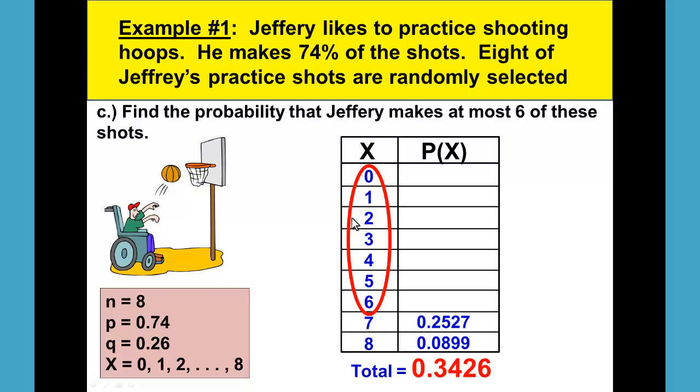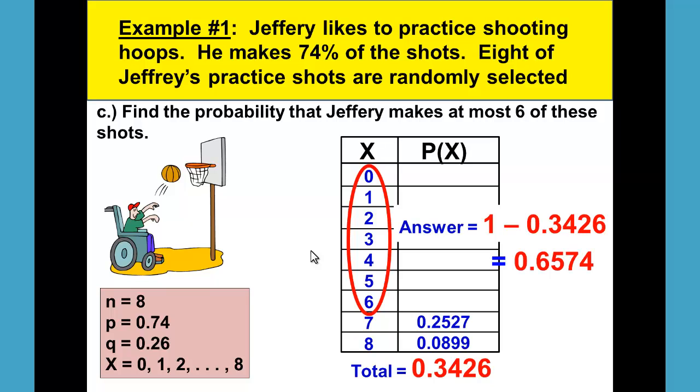And to find our answer, we will do 1 minus 0.3426 to get the answer of 0.6574. By using the complement rule and the fact that all of the probabilities add up to 1, we obtained our answer without finding the long list of values, especially since we calculated the answers in the previous work.